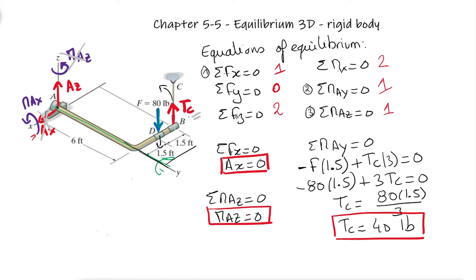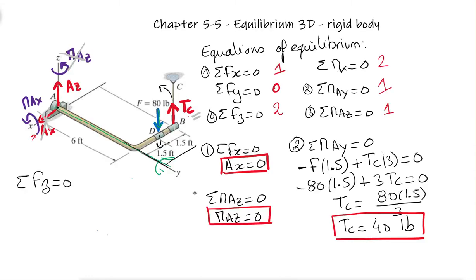And to find AZ, we can use the sum of the forces on Z. So that's number 4, because now we know TC. So use the sum of the forces on Z equal to 0. Let me write 1, 2, 3, number 4. So we have AZ going in the plus direction, plus TC in the plus direction, and minus F is equal to 0.